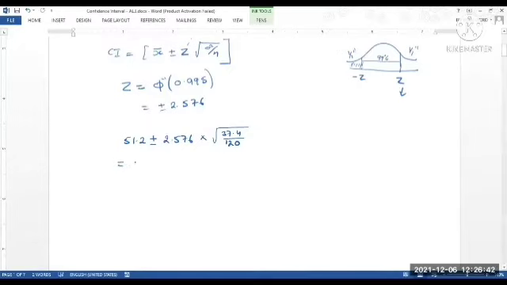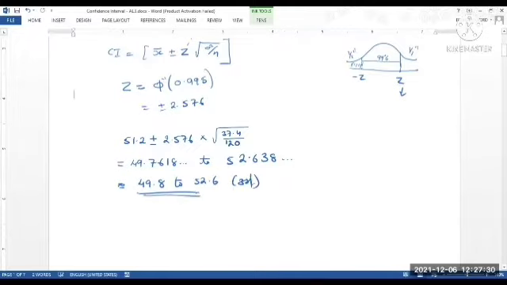Calculating this, you will get 49.761 etc. to 52.63 etc., which is approximately 49.8 to 52.6 in 3SF.